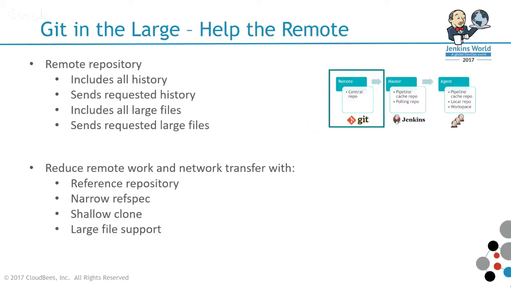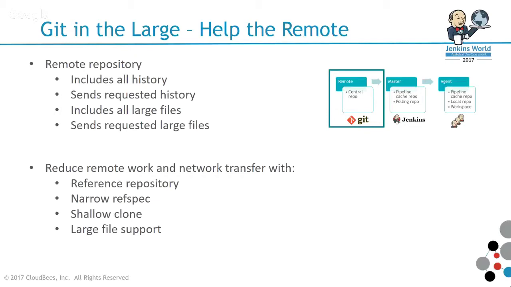So first up, what can we do to reduce the load on that central server, the Git remote repository? The remote repository has all the history in it, but it only has to send history that's requested. So one of the things we can do is find ways to ask for less history. The Git repository includes all the large files, but we can find ways to only ask for a subset of the large files. Some of the techniques available there: we can use a reference repository.